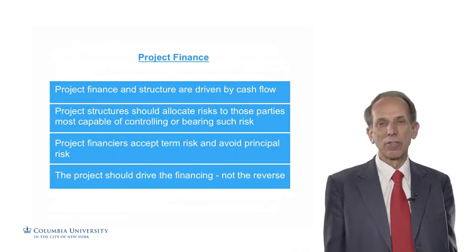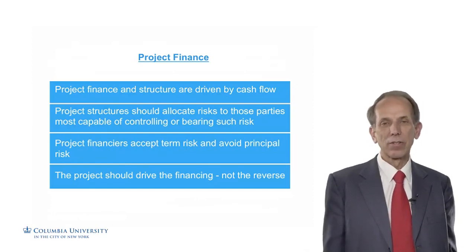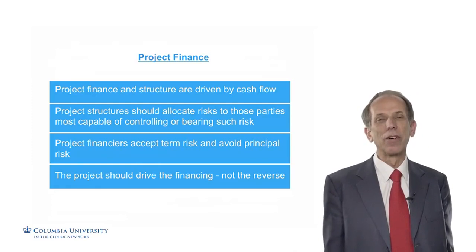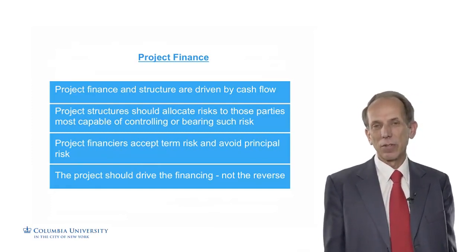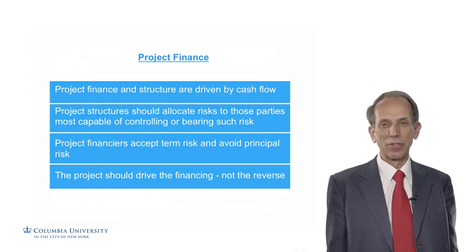Principal risk is the risk that you're not going to get your capital back at all. Project financiers, the debt holders, equity holders too for that matter, would like to get their capital back, but they're willing to accept that they may not get their capital back exactly on the time frame that they were anticipating.